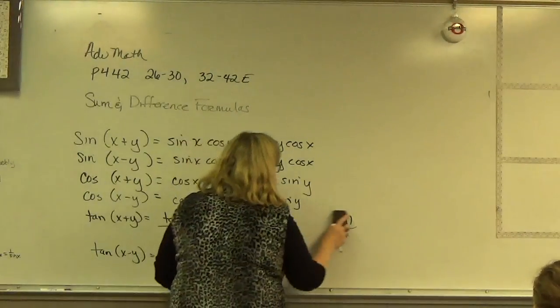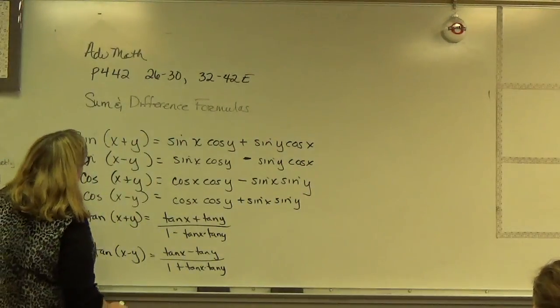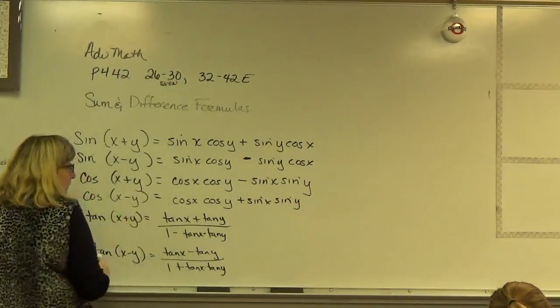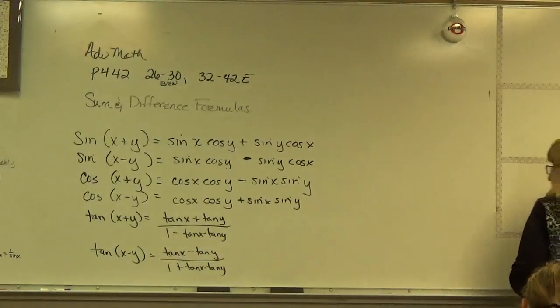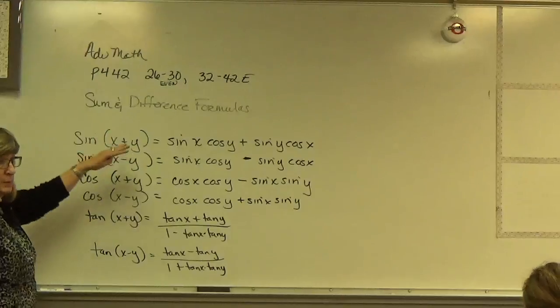Now, I'm gonna give you an example problem, where this is for 26 through 30, and this is even, by the way. I didn't know if you understood that there. I better make sure they know this is even too. So you have these written down, because you're gonna be making use of them.